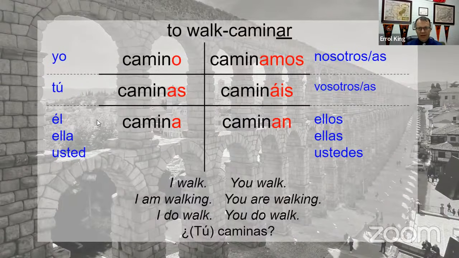And that goes on and on. Él camina, he walks, he is walking, he does walk. So how would that look if we were asking a question like, ¿tú caminas? Well, that would be, do you walk or are you walking? Okay, and that's how we conjugate regular AR verbs in Spanish.